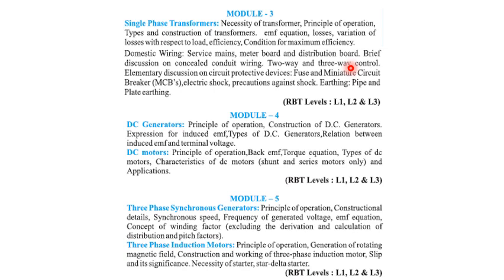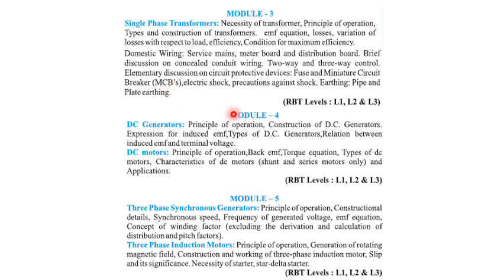Then elementary discussion on circuit protective devices, those are fuse and MCB. Then electric shock, precautions against these shocks, and some earthing methods, that is pipe earthing as well as plate earthing. So these are the contents of the third module.